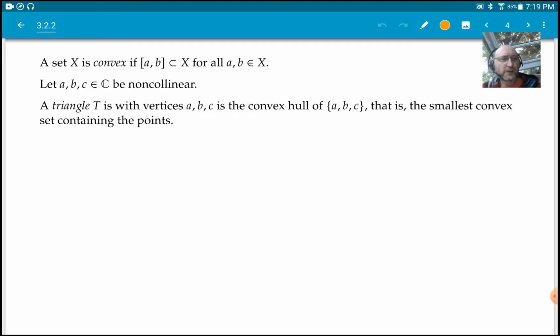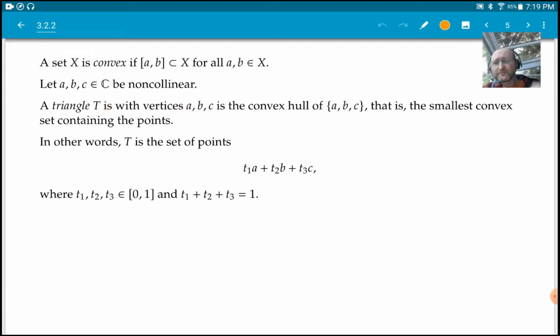Now we define a triangle. We're going to call it T. It has these 3 points as vertices, as the convex hull of these 3 points. That means the smallest convex set containing the points, or the intersection of all convex sets that contain the 3 points. In other words, there's another way of writing this.